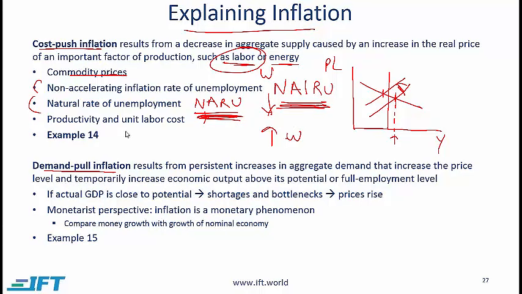Another point that you need to understand is the relationship between productivity and unit labor cost. As productivity goes up, the unit labor cost will come down, and this is fairly evident. Higher productivity means that per unit of labor, more goods are being produced, which means that in a particular good or service, the percentage of cost that represents labor cost becomes lower as productivity becomes higher.